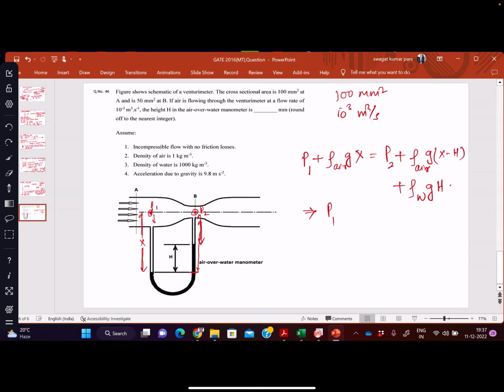So you can simplify P1 minus P2; the common terms get cancelled.